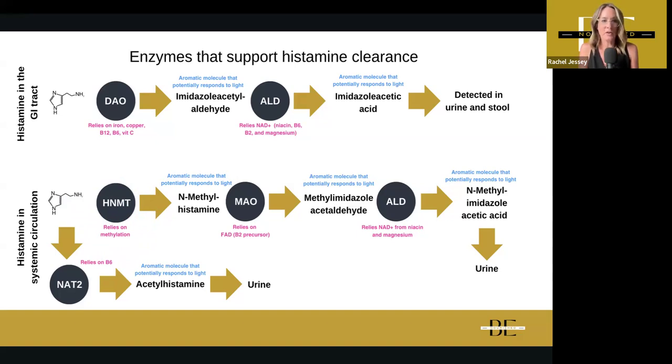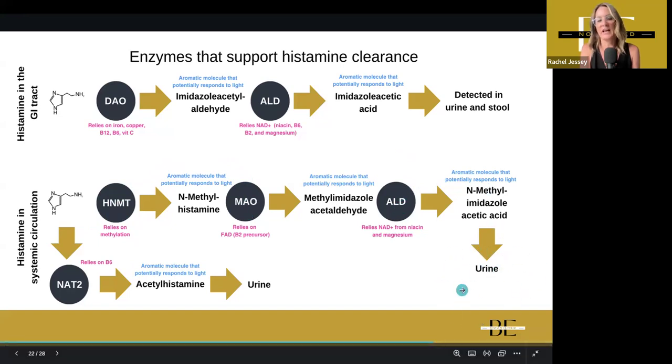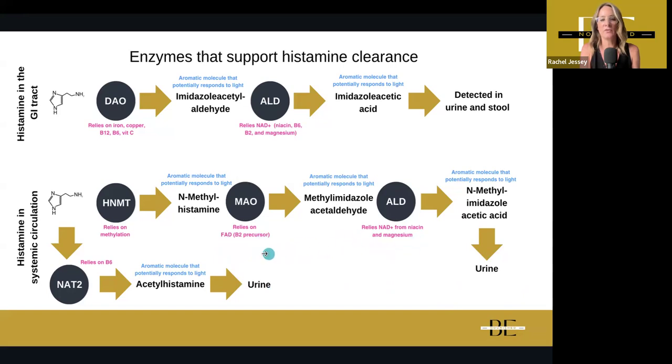So there are a lot of nutritional based interventions that can be done to support the detoxification of histamine. And again, histamine will be shunted through the HNMT enzyme to MAO and then to ALD and then out through the urine. And you can see these enzymes all rely on certain nutrients. So B2 here, and then we've got niacin and magnesium here.